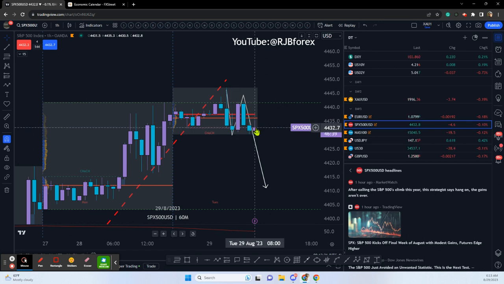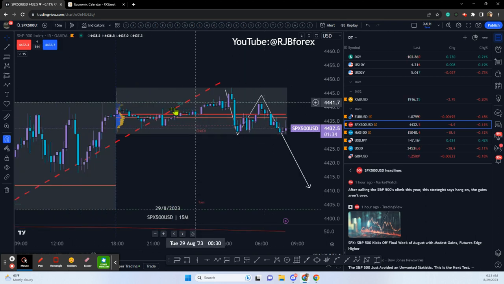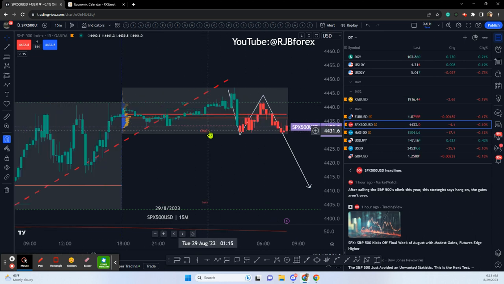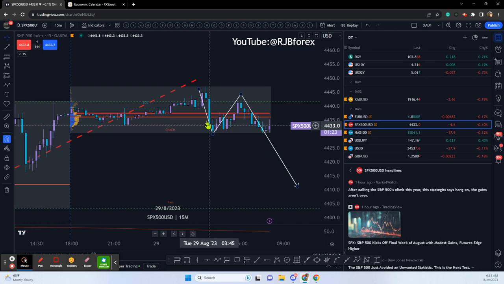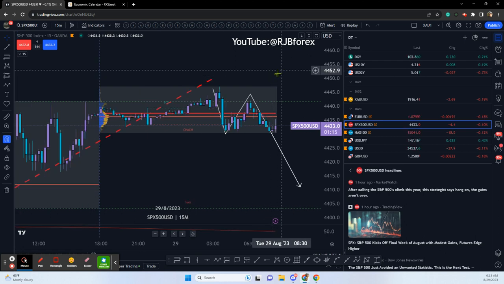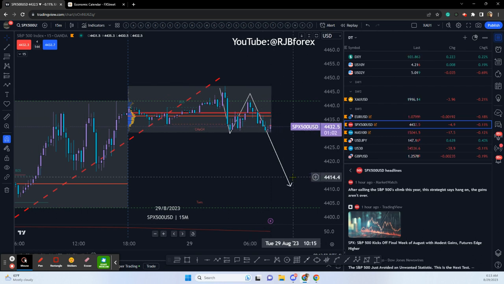So waiting patiently to see if there's any developments really. We've got two peaks, peak one, peak two. This is a broken down market. Timing wise, it's not ideal, but there's certainly prospects here of a move lower.